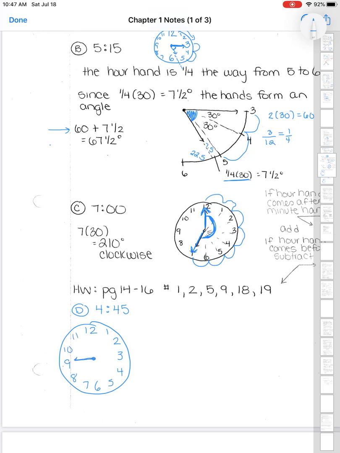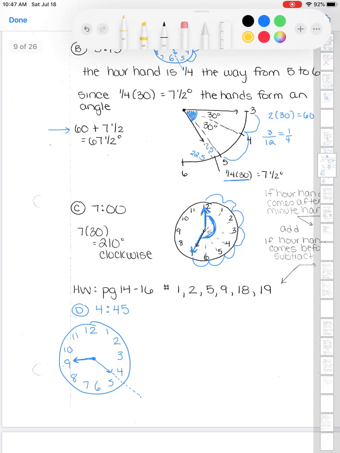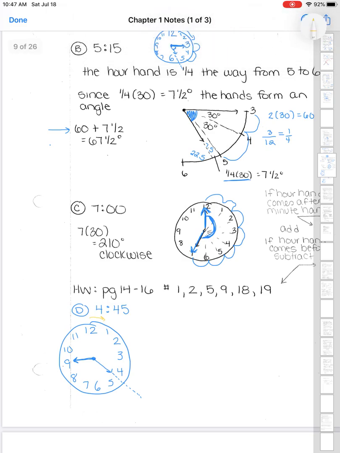4:45. Okay, so step 1, draw a clock. So we have 12, 3, 6, 9, 1, 2, 4, 5, 7, 8, 10, and 11. And 4:45 is, minute hand is on the 9 for 45, and then the hour hand is between the 4 and the 5.